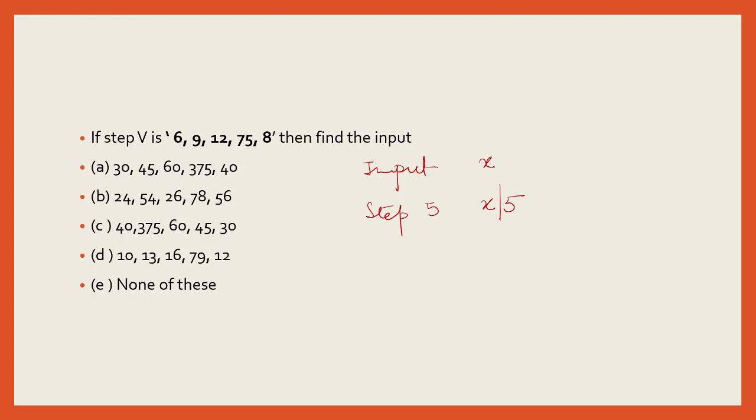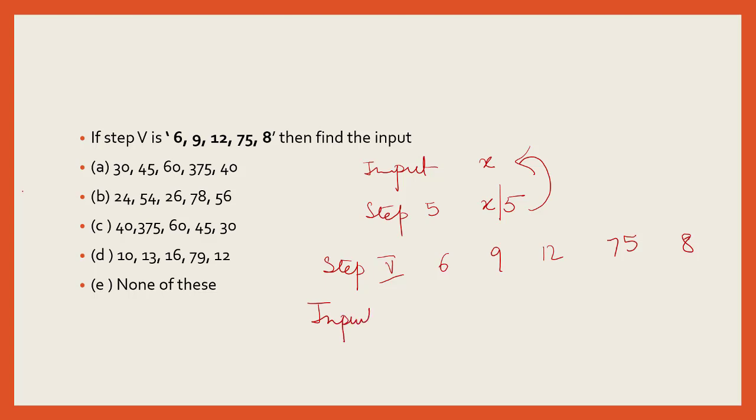So here we'll have to work backward. From step 5 we have to find the input. So we will multiply by 5 to get the input. Our numbers in step 5 were 6, 9, 12, 75 and 8, and I want to recreate the input.